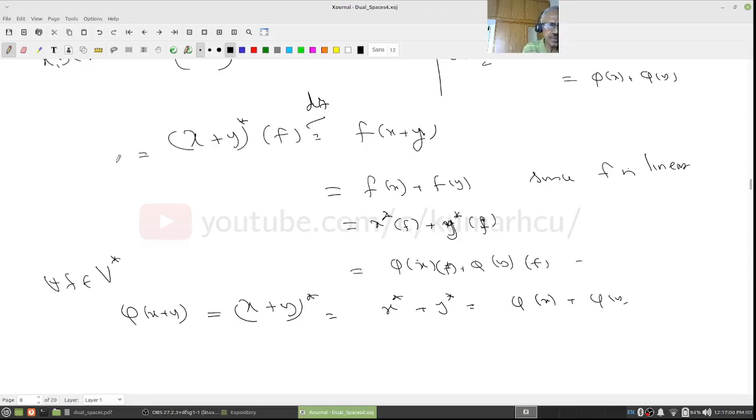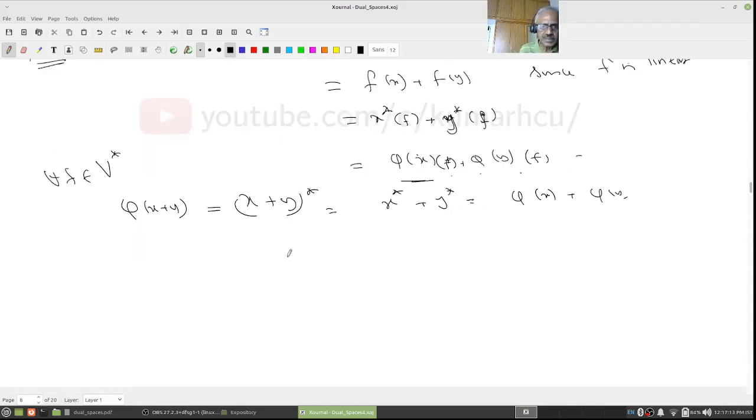Therefore, this is phi of x plus y acting on f. Phi of x plus y acting on f is phi of x acting on f plus phi of y acting on f. You understand that? So we have shown that this is additive. Therefore, phi from V to V double star is an additive homomorphism.